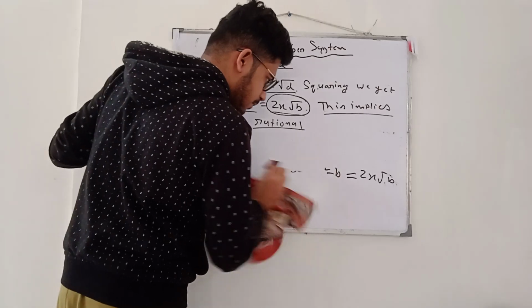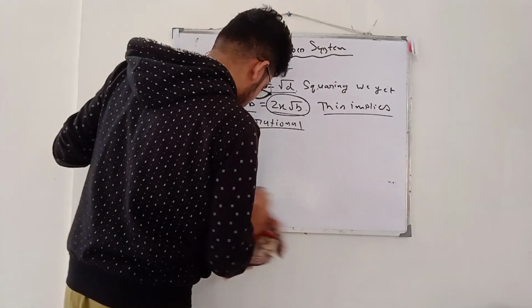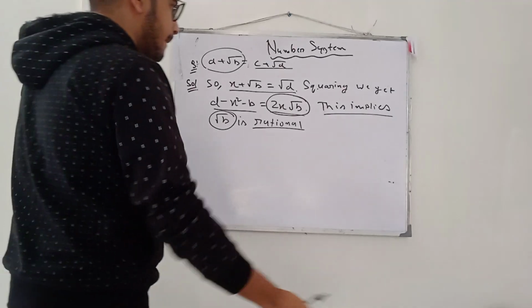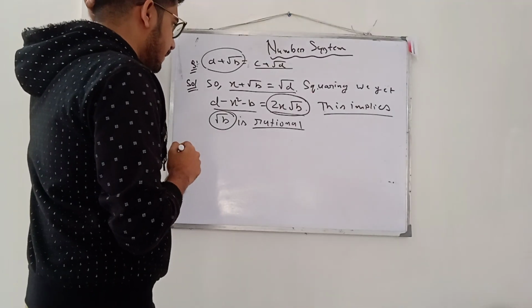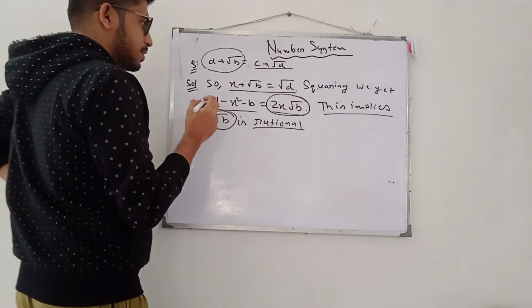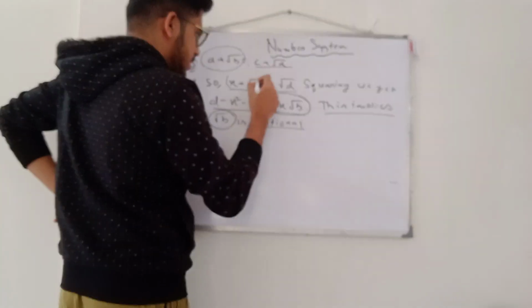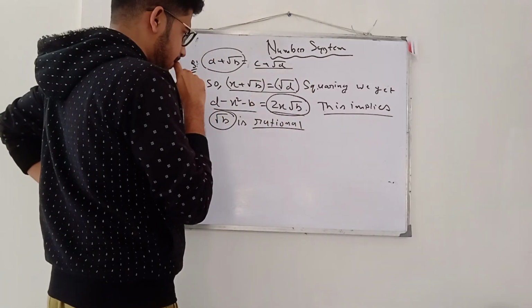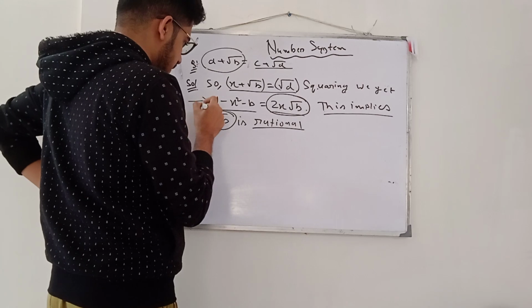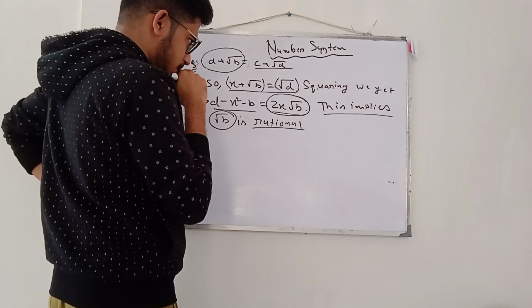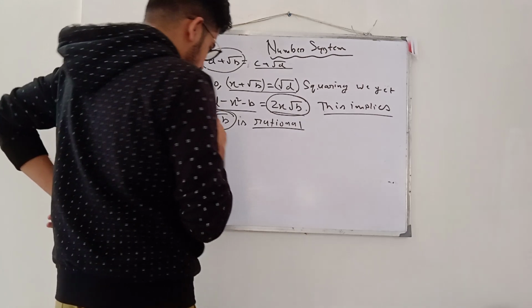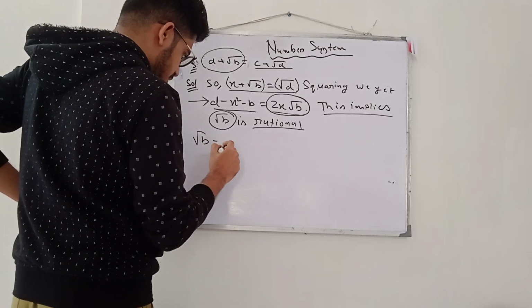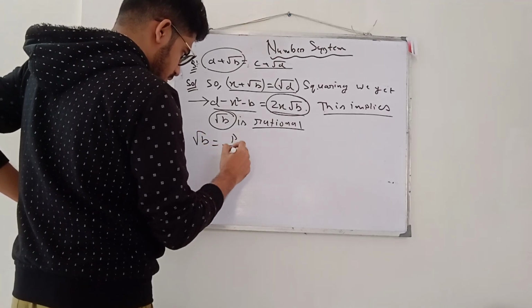This one is correct. We have to think more. They are squaring both sides, this side and this one, and after that this value is coming. And also root b is rational. What are rationals? Those values which can be ratioed are rational.